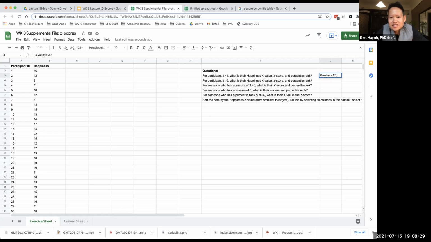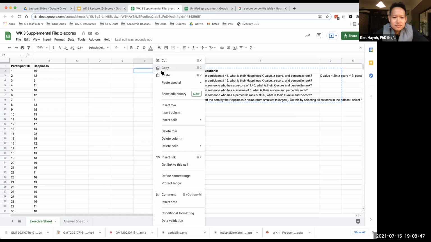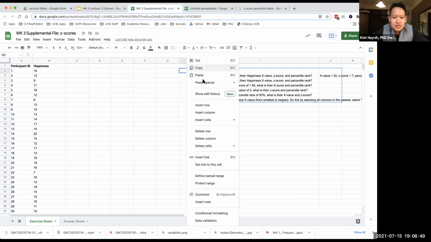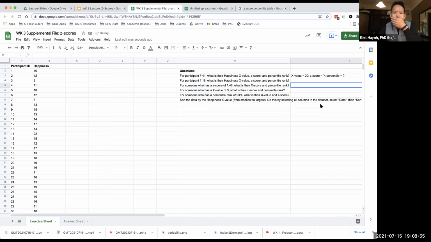We're still missing z-score and percentile. And I should move all this over a few more columns so you can see it better. Okay, that's better.